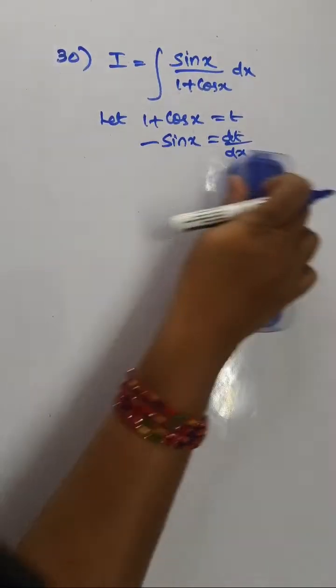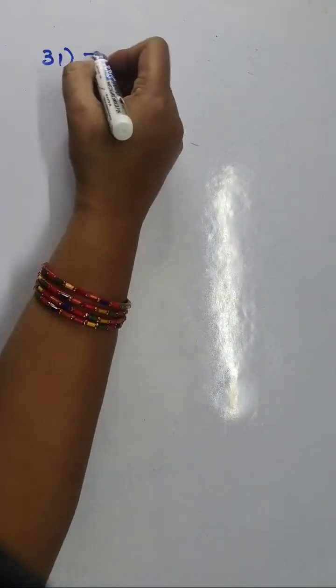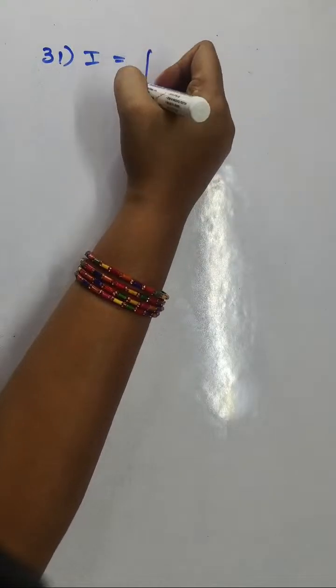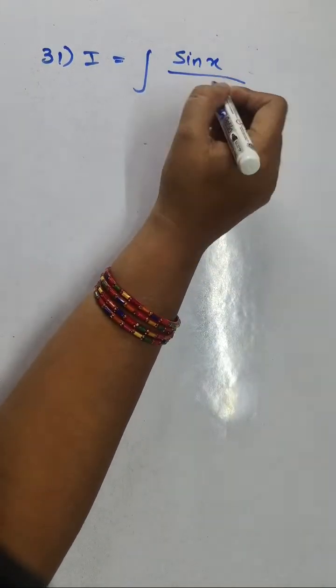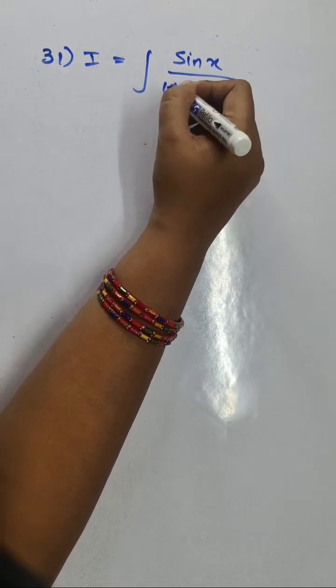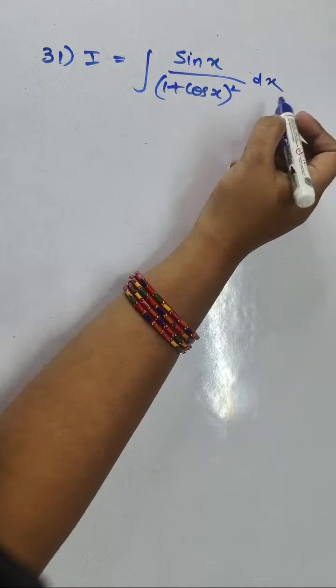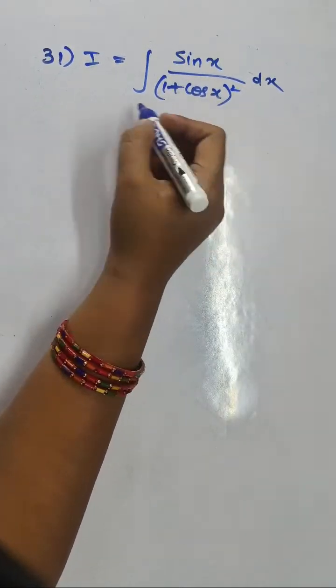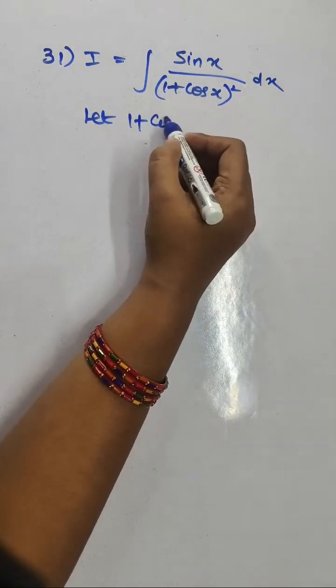Question number 31. I equal to sin x by 1 plus cos x the whole square dx. So I will take as usual, let us try to take 1 plus cos x as t.